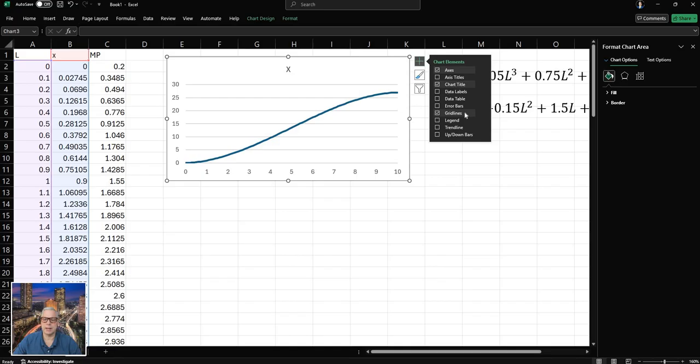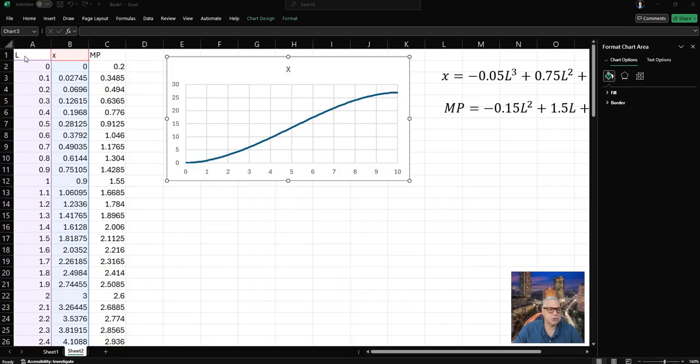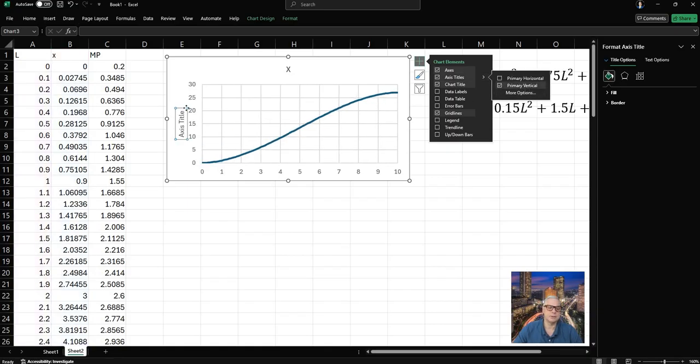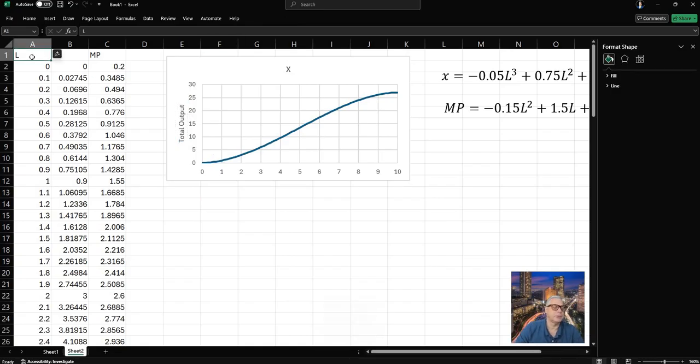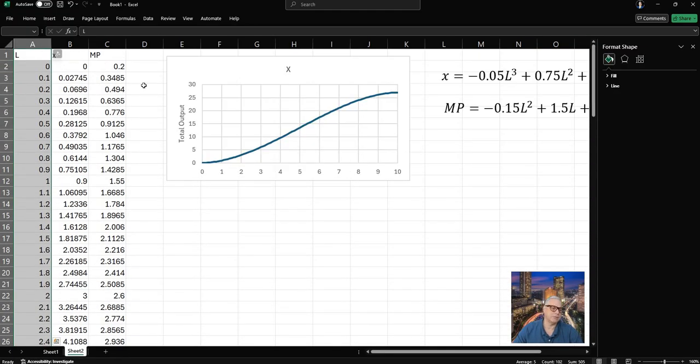If you want to, you can add the grid line. There are many things you can do in Excel. So this is the total output. Let's maybe give it an axis title on the vertical. So we have total output, and then for the marginal product, the marginal output, we need to highlight the first column and now the third.